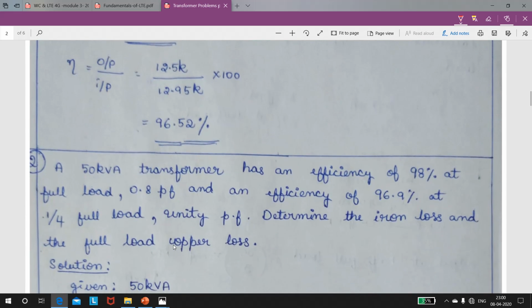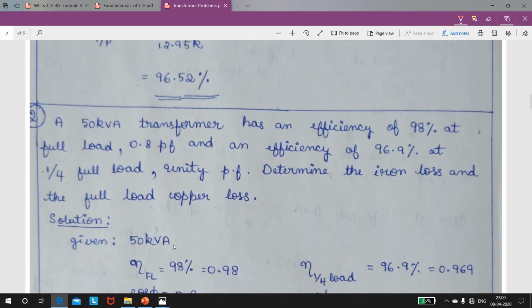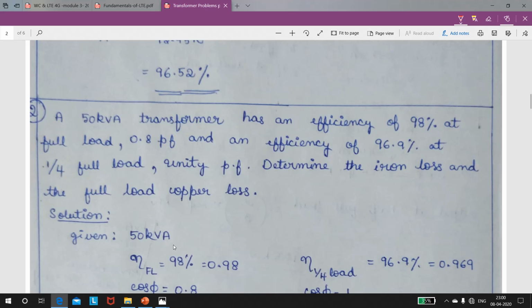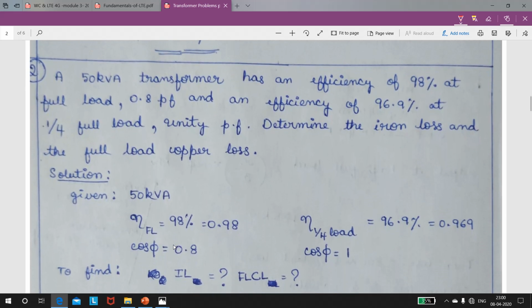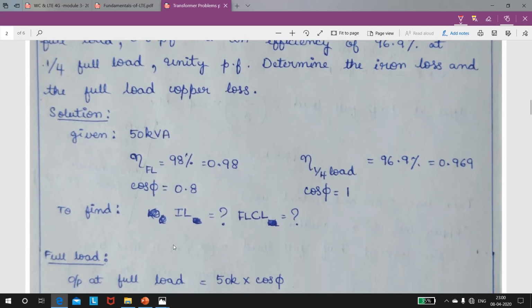A 50 kVA transformer has an efficiency of 98% at full load, 0.8 power factor, efficiency of 96.9% at 1/4 of the load, unity power factor. Determine iron loss and the full load copper loss. So what is the given data?